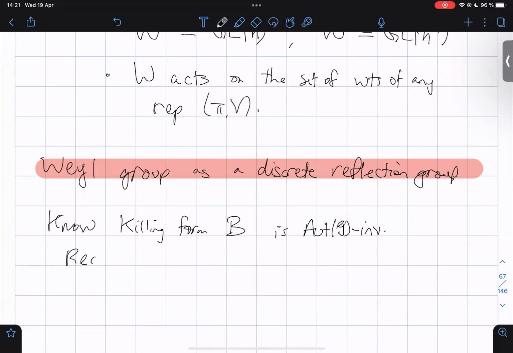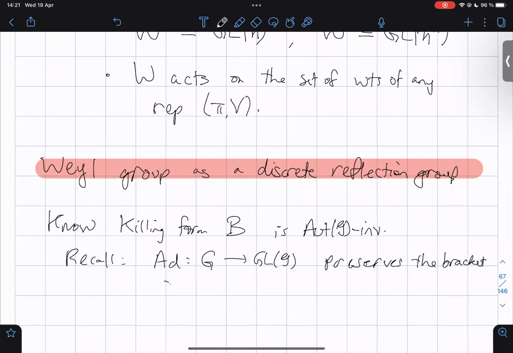So recall that if I have the big adjoint action acting on G, this preserves the bracket. So Ad G is sitting inside the automorphisms.